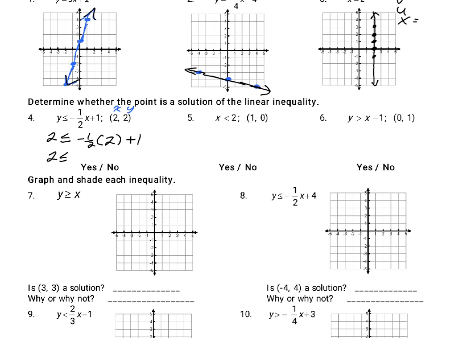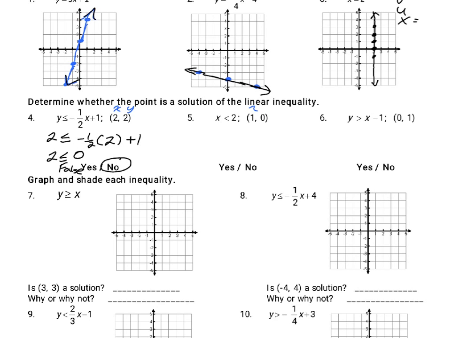Well, if we simplify this, or if we just type this directly in our calculator, it'll tell us if it's true or false. But this becomes 0. 2 is less than or equal to 0. Yeah, that's false. So that is not a solution.